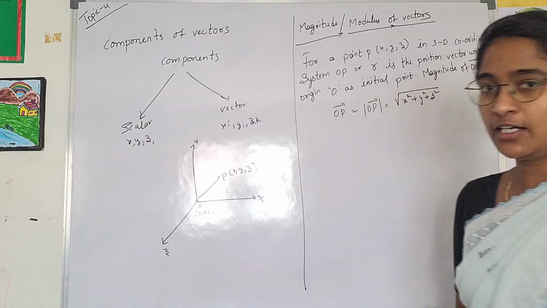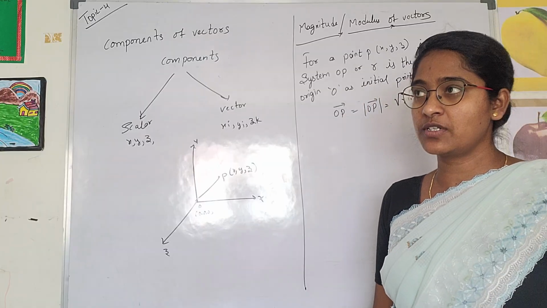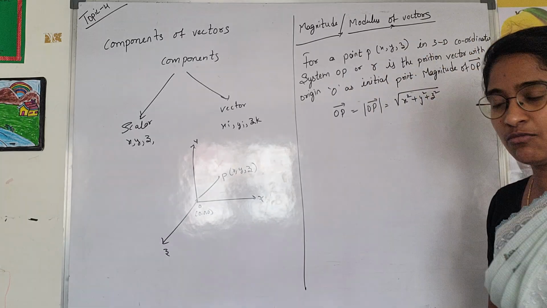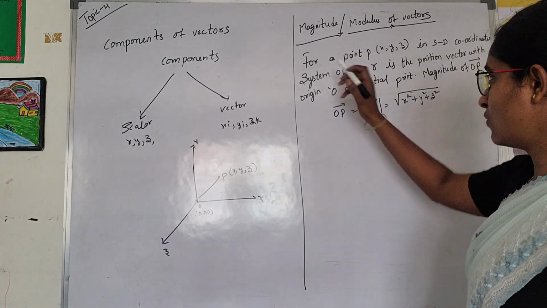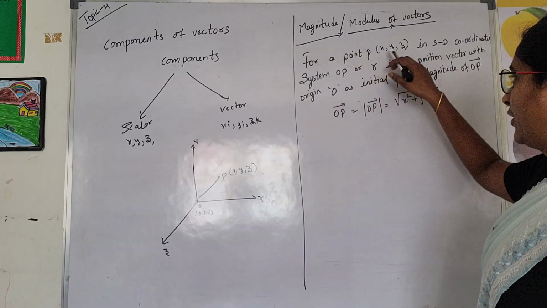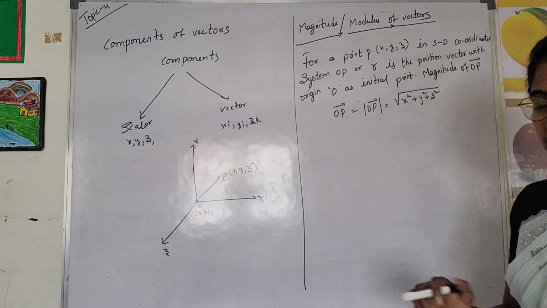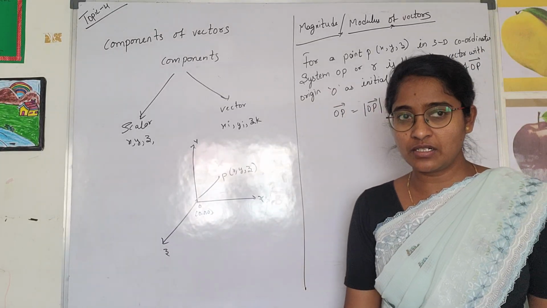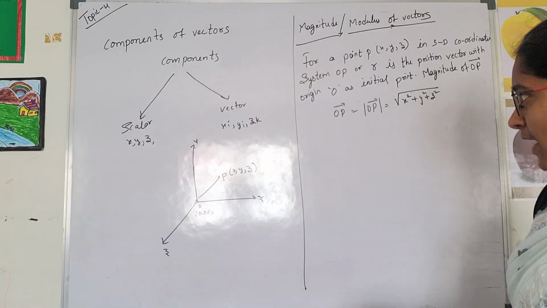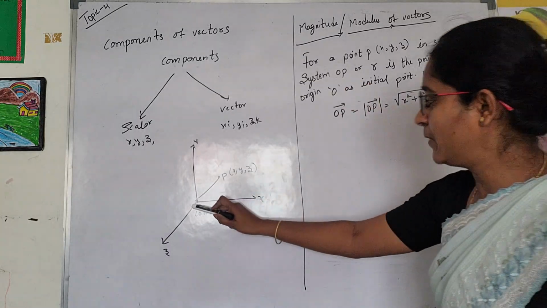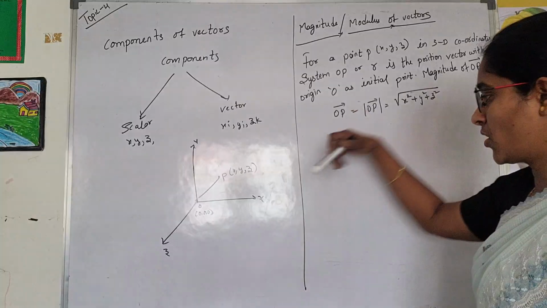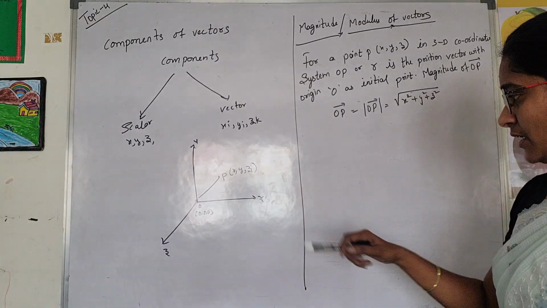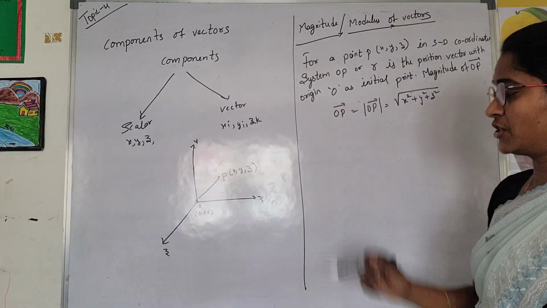Till now we have discussed magnitude. What is the meaning of magnitude? We can call it the modulus of a vector. For a point x, y, z in a 3D coordinate system, OP, or we can mention it as r, is a position vector from the origin.